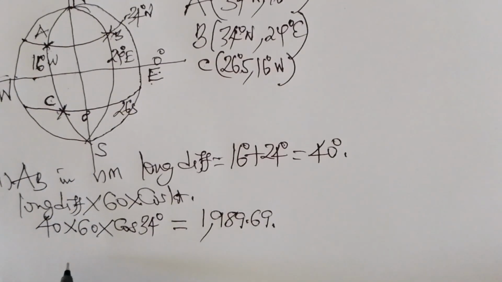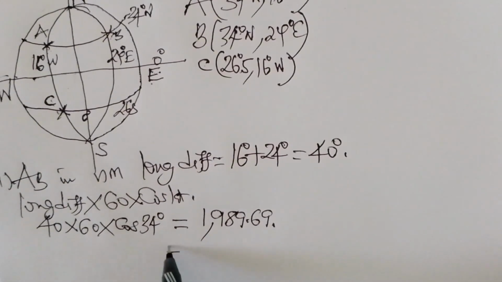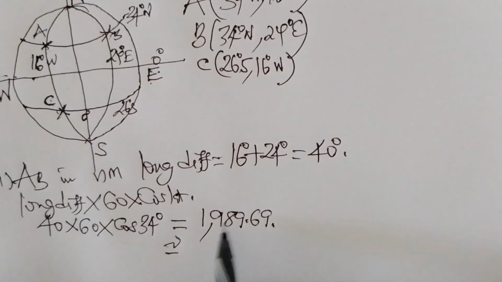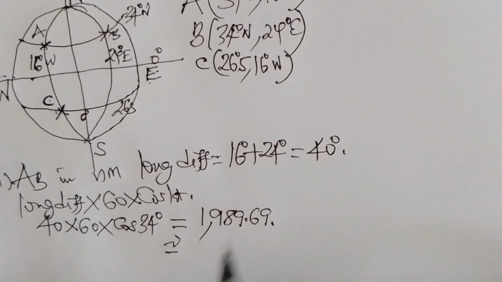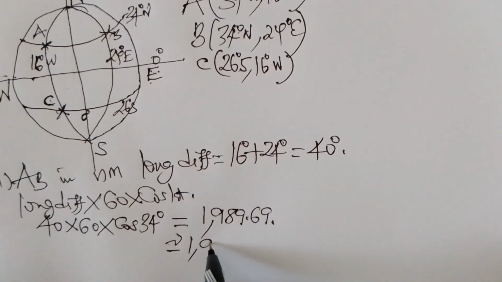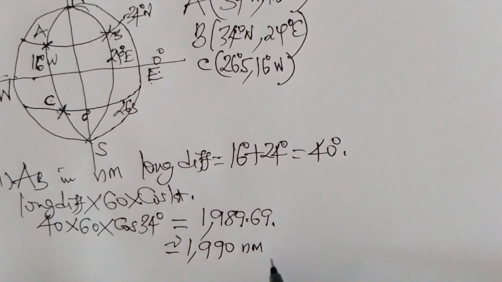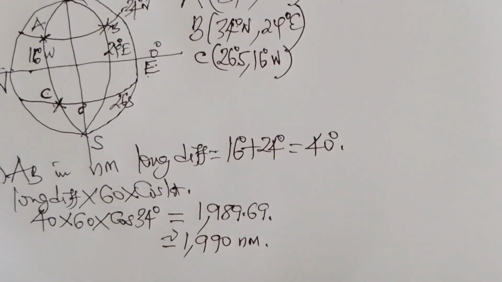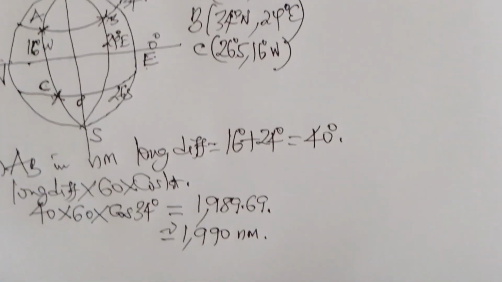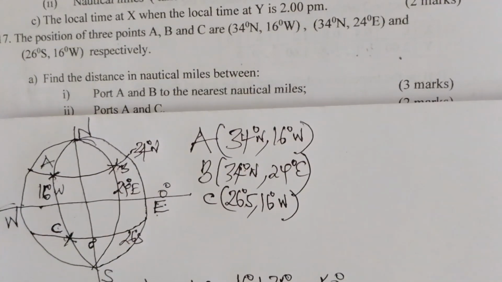So this will be approximately equal to, when you round off to the nearest nautical mile, 1990 nautical miles. So that is the distance AB in nautical miles.